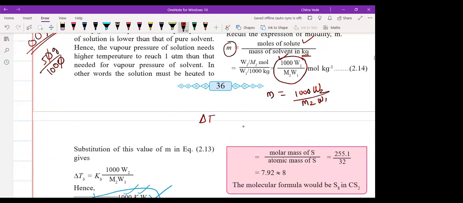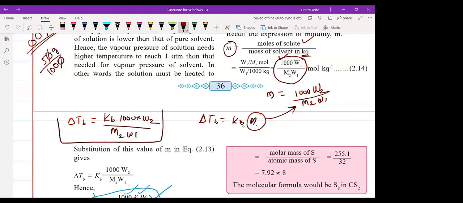Now we have already gone through that: delta TB equals Kb into m. m is what? Molality. So instead of that, just put that value, you will get the formula. So delta TB equals Kb into 1000 into W2 divided by capital M2 into W1. Only that formula you have to remember, because you will get numericals on that basis.